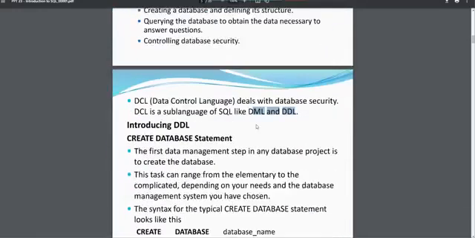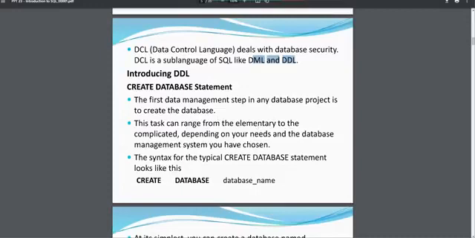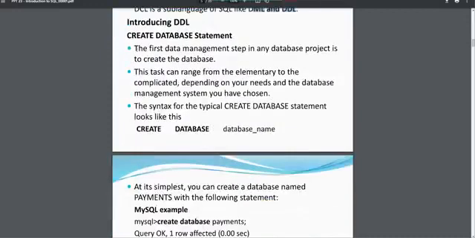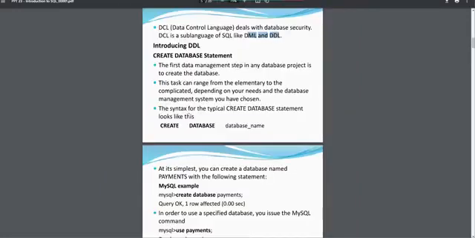Hope all can understand DDL. So these things and the introduction to DDL, right? Read these things and understand these concepts. Then finally, this SQL definitely will not come for CAT 1, right?